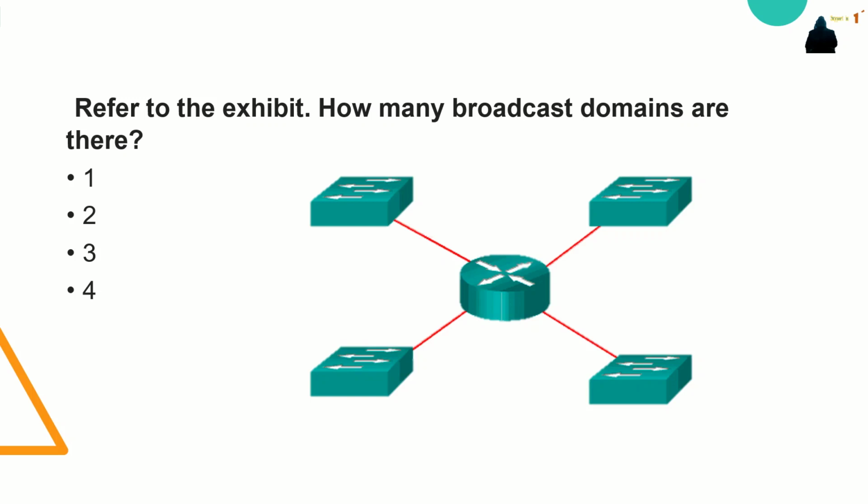It means for each port on the router in this topology that connects to another device, you have the same number of broadcast domains. You have 4 ports here and you have 4 broadcast domains. This is one of the advantages of a router instead of using only a switch.